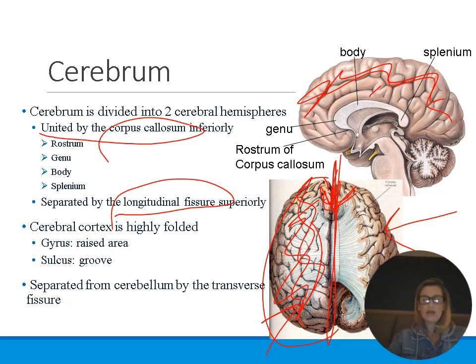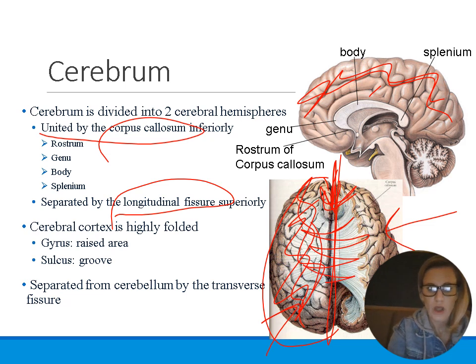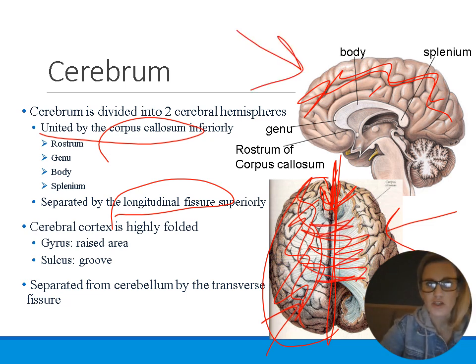Deep to that in the brain is where we have white matter. White matter is where there are axons carrying signals from one place to another. So here you can see the corpus callosum connecting the two hemispheres, or if you look at this top picture, this white area right here, that's the corpus callosum.